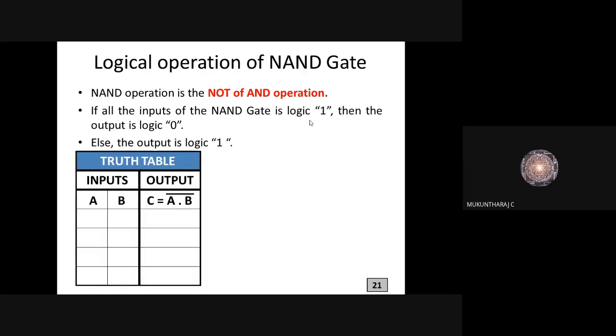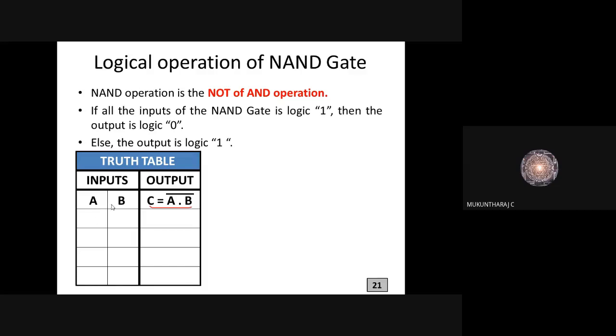This is the truth table for the NAND gate. Here you can observe the logical expression for the NAND gate: A dot B is the AND operation, and over this AND operation we apply the complement or NOT operation. A dot B whole bar is the logical expression for the NAND gate.